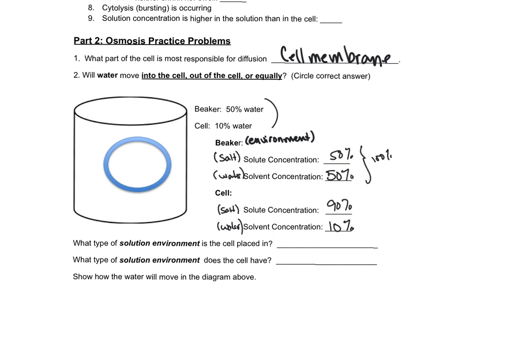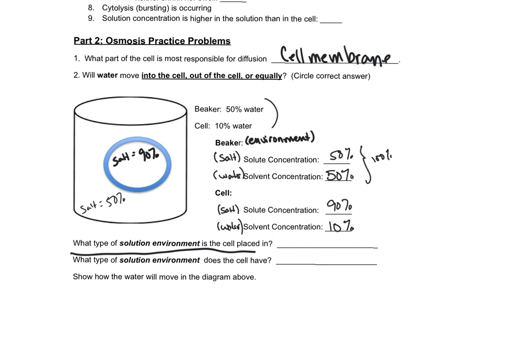But again, based on this, what type of solution environment is the cell placed in? So what is outside of the cell? So if we take a look at my solute concentration, in the cell, my salt is 90%, whereas on the outside, my salt is 50%.